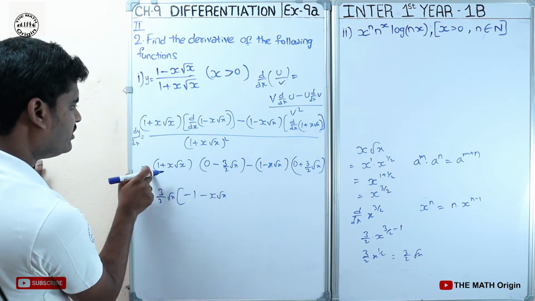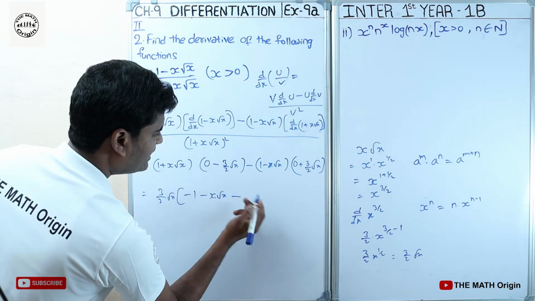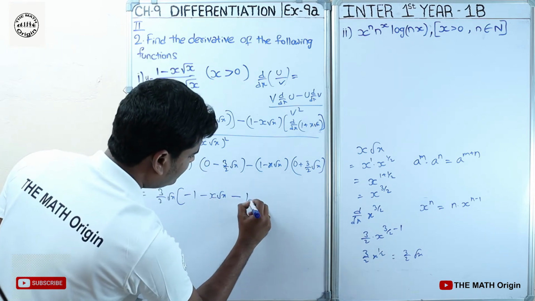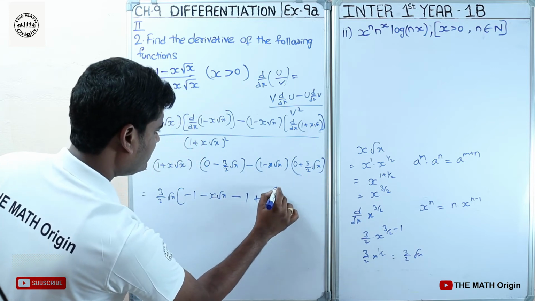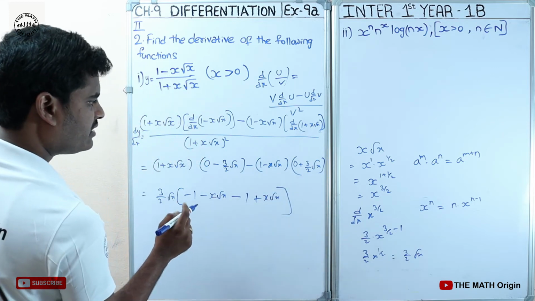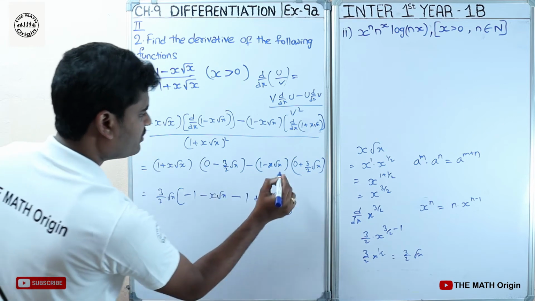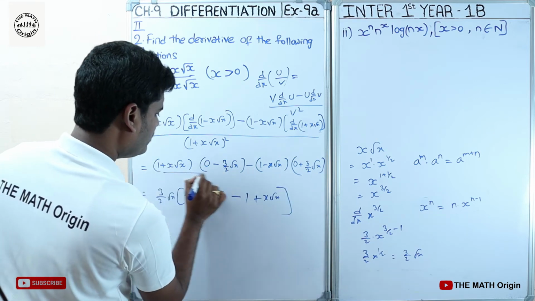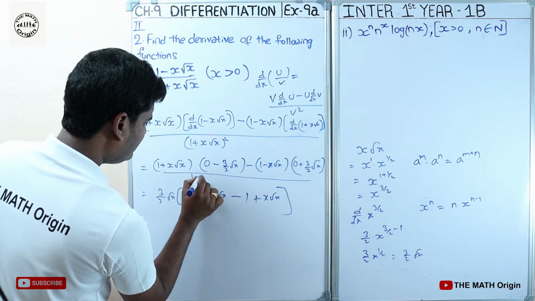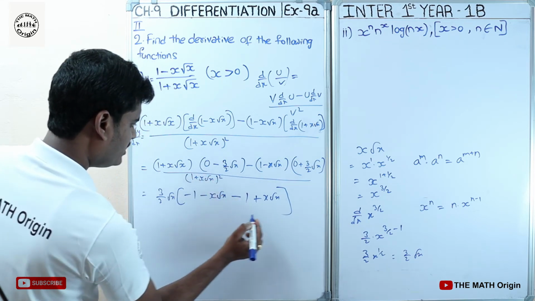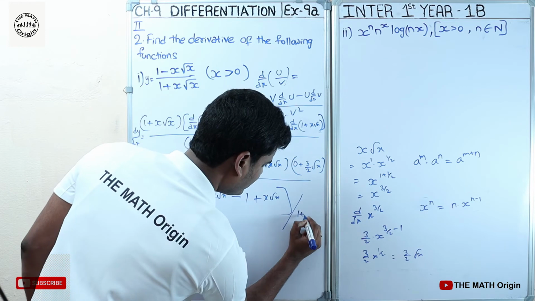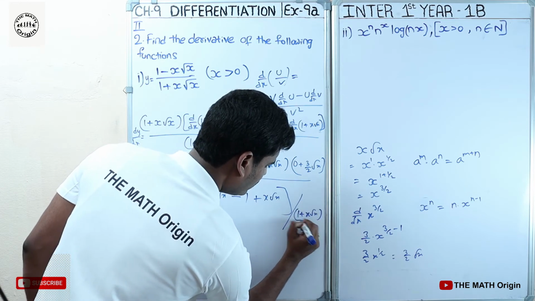This minus I will multiply here. Next, minus 1 plus x root x. Okay, minus 1 x root x. 3 by 2 root x is common. Okay, here the whole divided by 1 plus x root x whole power 2. Here also the whole divided by 1 plus x root x whole square.